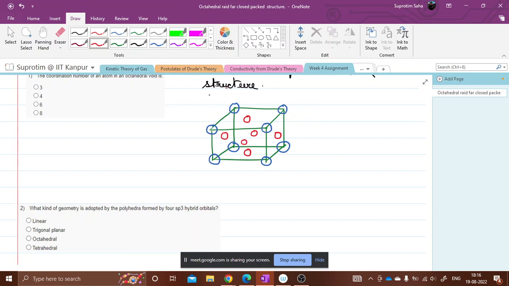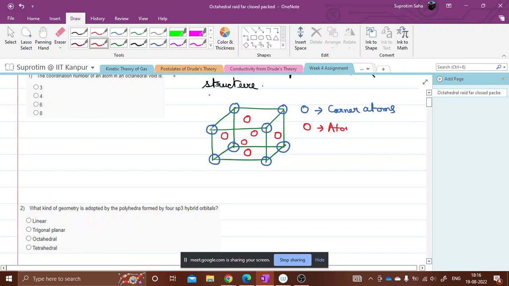So the blue ones are the corner atoms, and these red ones are the atoms at the faces.